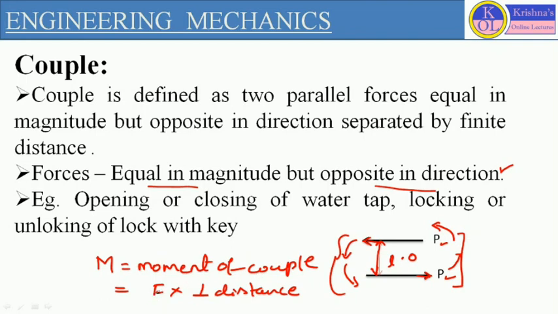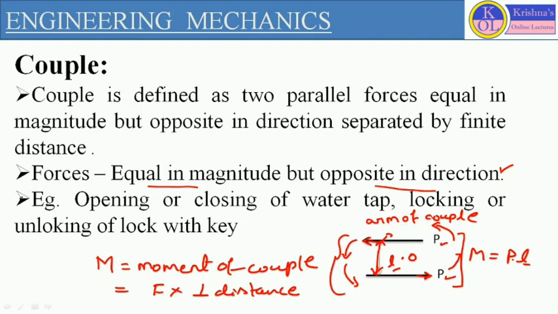Here I have written F, but in place of F we are considering P, so M should be P into L. This P into L represents the moment of couple, and the perpendicular distance between the two forces is called the arm of couple. This L represents the arm of couple. So this is the basic description of couple.